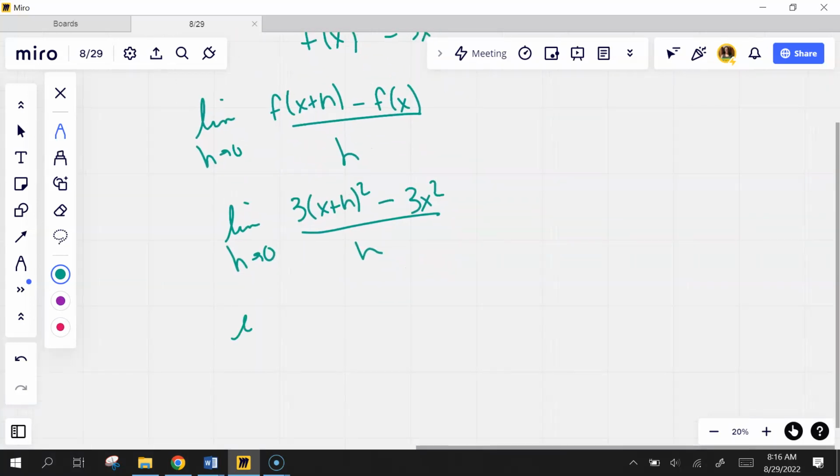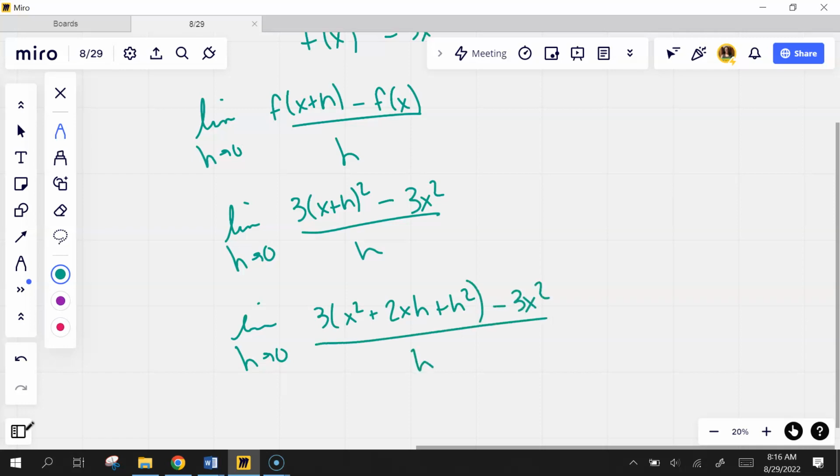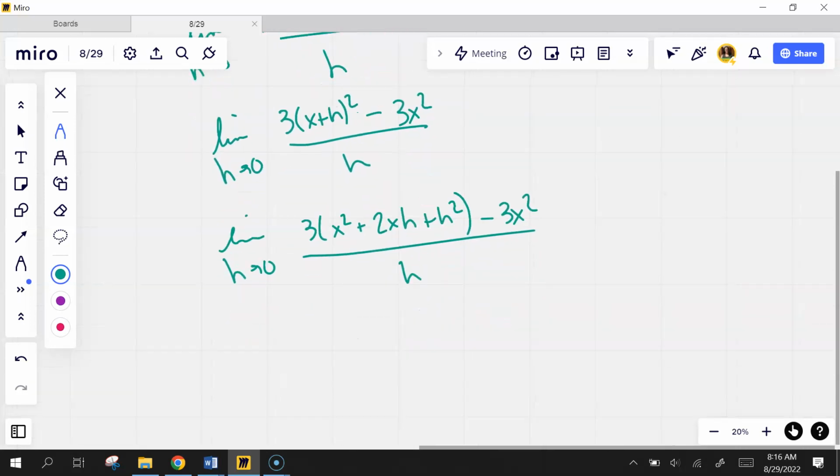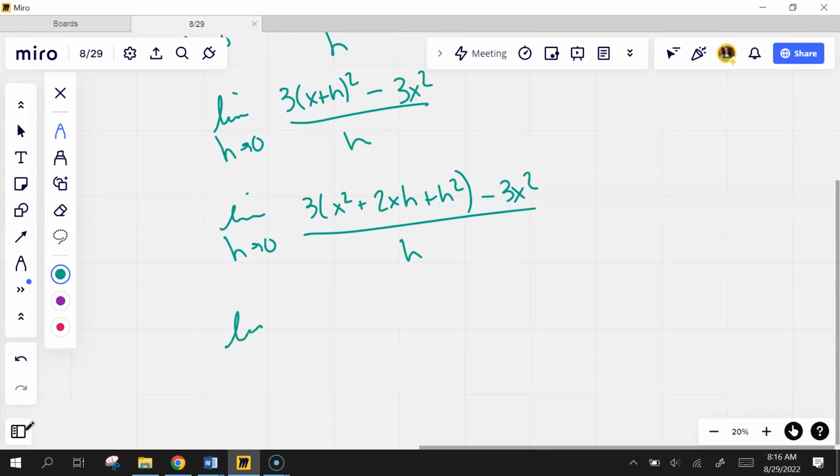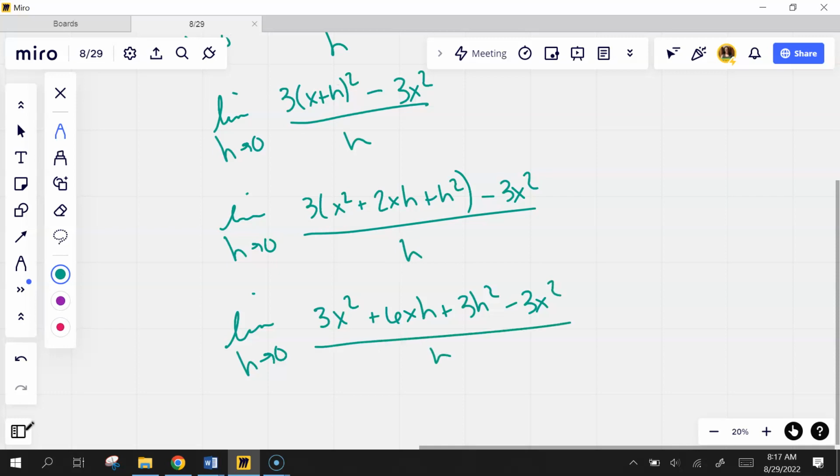Now I'm going to multiply it out. 3 times x squared plus 2xh plus h squared minus 3x squared all over h. I'm going to write this one out for you before I start slashing and marking out, just to keep you from getting confused: 3x squared plus 6xh plus 3h squared minus 3x squared all over h.